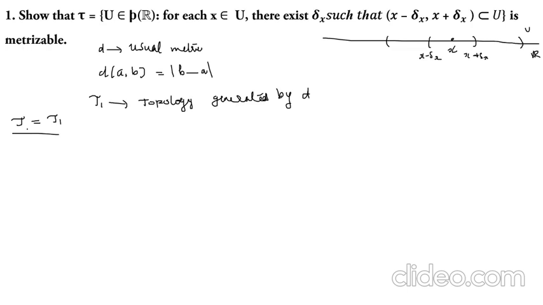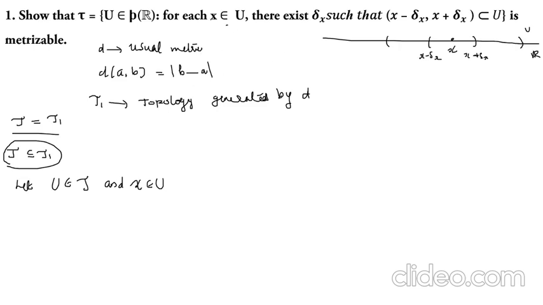So to prove tau is equal to tau 1, we will prove tau is a subset of tau 1 and tau 1 is a subset of tau. First we prove that tau is a subset of tau 1. For this we take an open set U belonging to tau and an element x belonging to U. Since U belongs to tau, U satisfies the condition for tau.